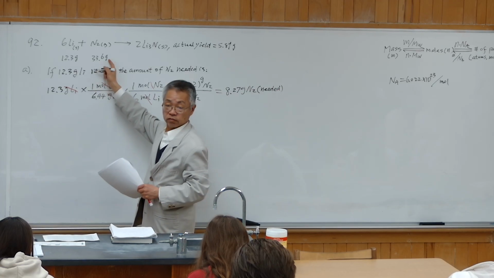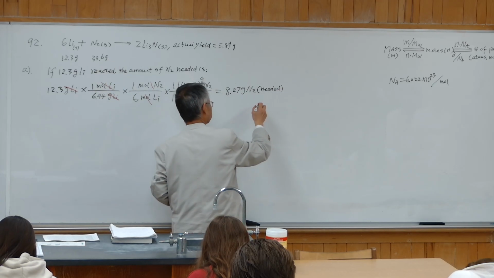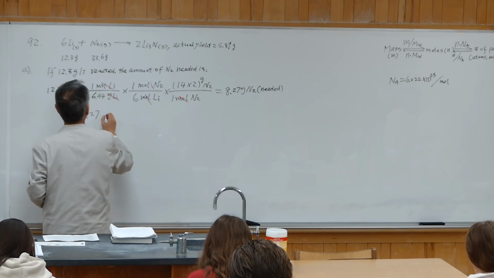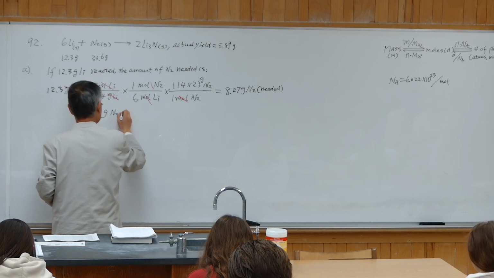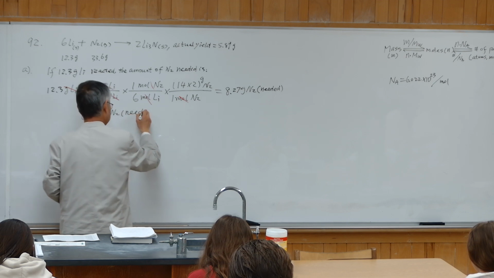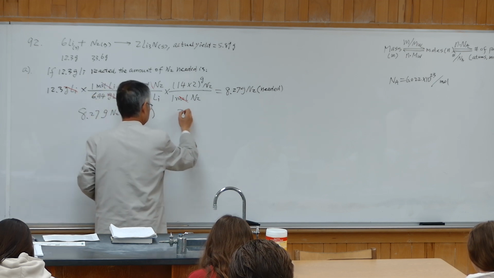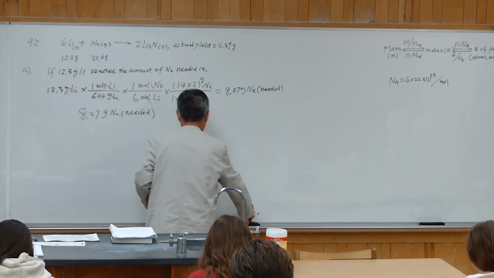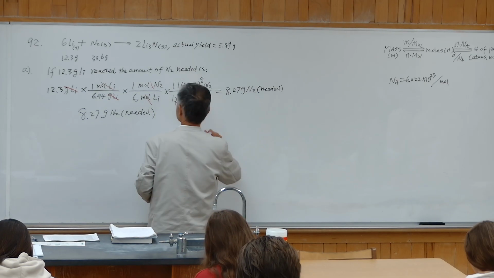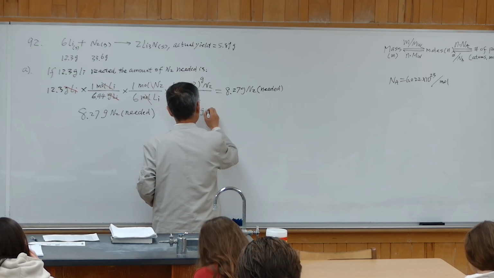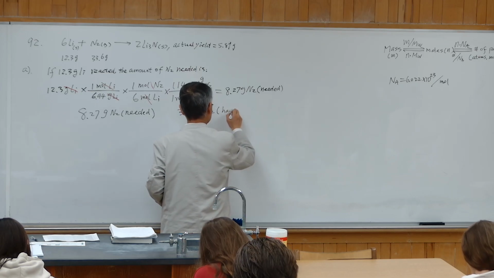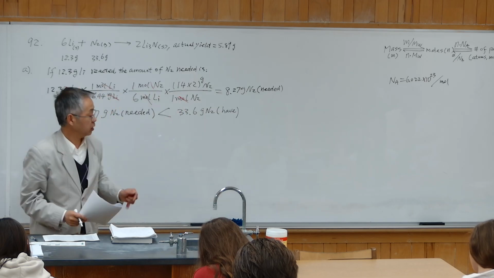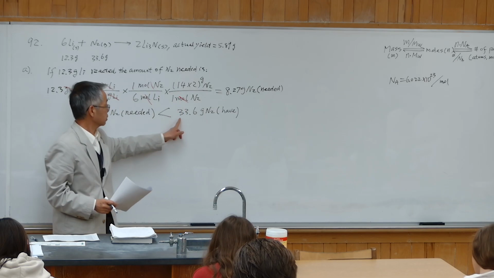How much do we have? We have 33.6 gram nitrogen. We only need 8.27, but we have 33.6.